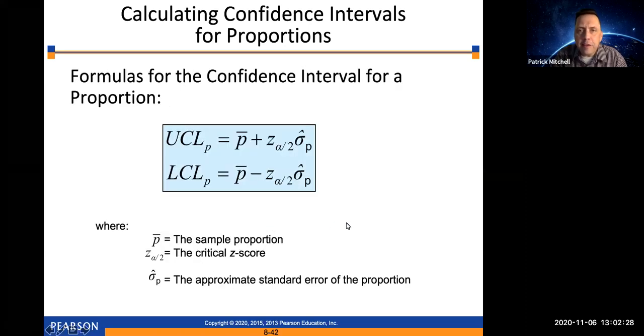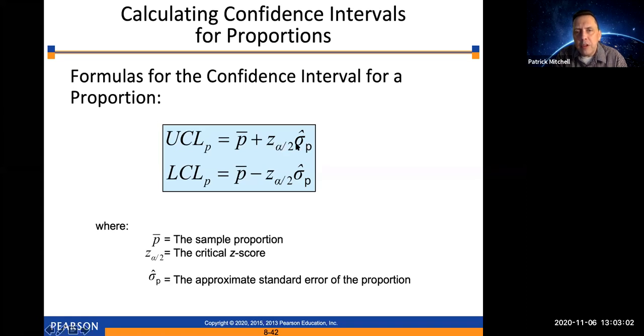Just like with other confidence intervals we've looked at, our confidence interval is going to have an upper confidence limit and a lower confidence limit. In the center of that interval, we're going to have p bar, our sample proportion, and then the margin of error, which we will add and subtract in order to get the lower and upper limits, is found using z sub alpha over 2 times the approximate standard error of the proportion.